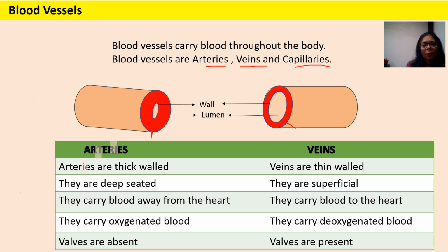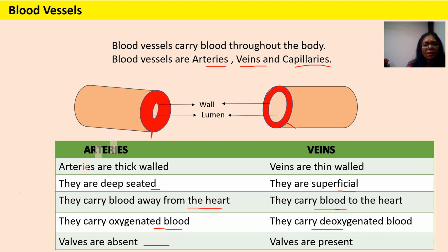Arteries are deep-seated in the body, whereas veins are superficial. Arteries carry blood away from the heart, and veins carry blood to the heart. Arteries carry oxygenated blood, veins carry deoxygenated blood. The exception is the pulmonary artery, which carries deoxygenated blood, and the pulmonary vein, which carries oxygenated blood.